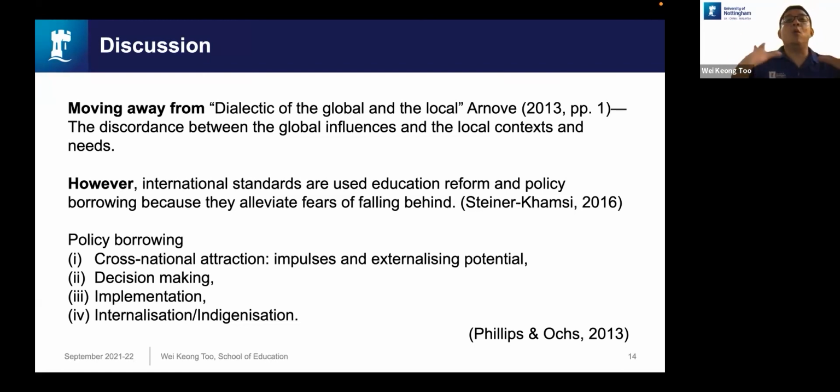So therefore, they have their own interpretation of the philosophy, in terms of how they transfer it into the English language curricula. However, international standards are used for education reform and policy borrowing because they elevate fears of falling behind, even though they are using it. For example, in my country, even though we are using CEFR, the Malaysian government worked with the Cambridge examination to come up with what they call CEFR-MM.